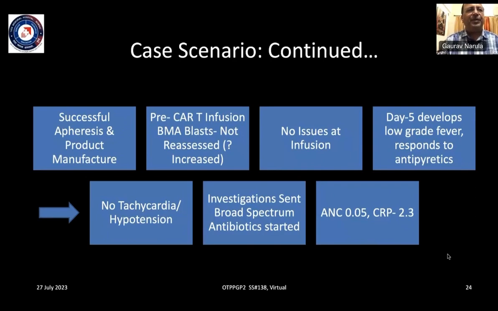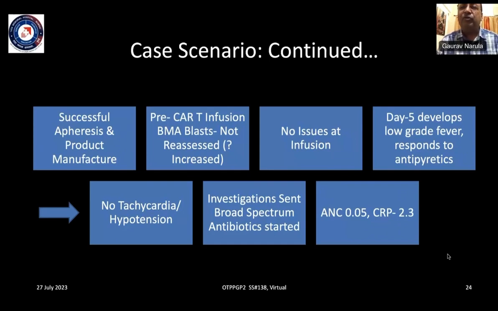And on day 5, the patient develops a low-grade fever, but we give paracetamol, it responds. But of course, the counts are also low. You all know about febrile neutropenia. I do have to explain febrile neutropenia here. Fever with low counts, when patients undergoing leukemia management or chemotherapy have low neutrophil counts below 750 and 500, and if they develop fever, we call it febrile neutropenia.